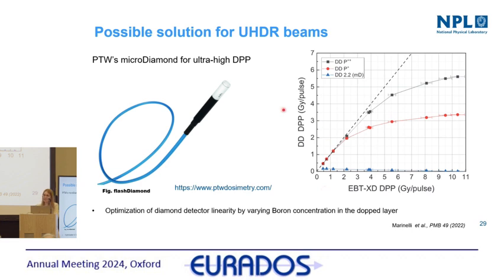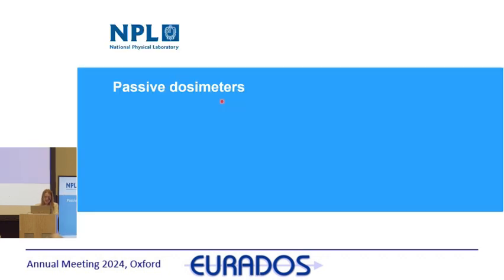And those two components, changing the boron concentration and lowering the size of the active area, led to production of the new detector based on diamond, which these days is being called flash diamond. You can see there's this flash sign over here, maybe not so clearly, but that's already an available product from PTW for research applications.